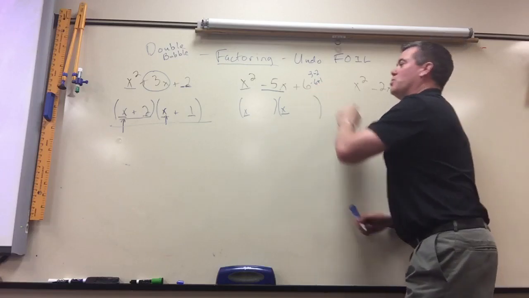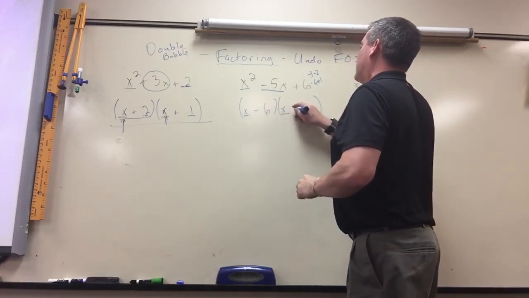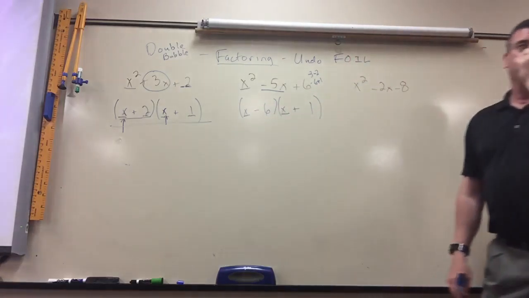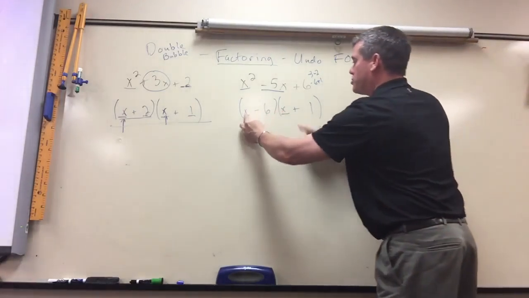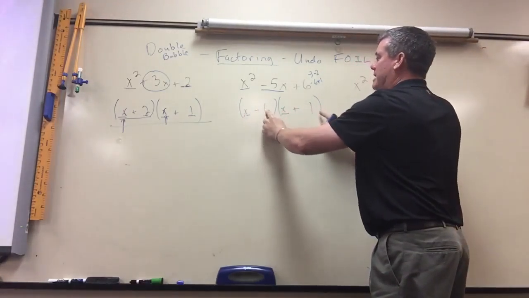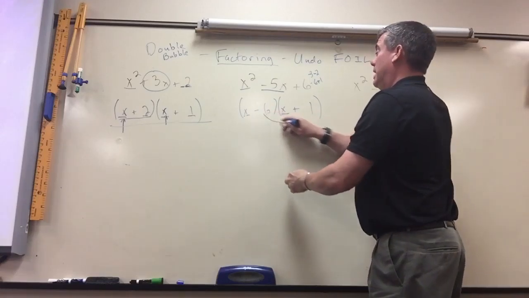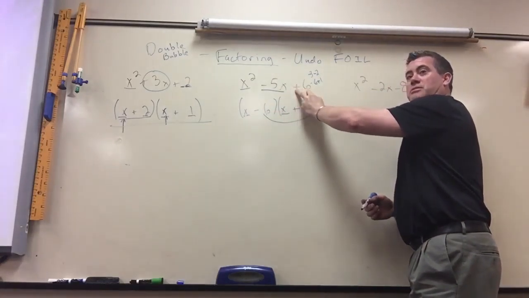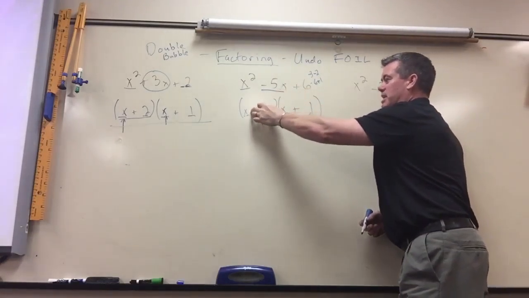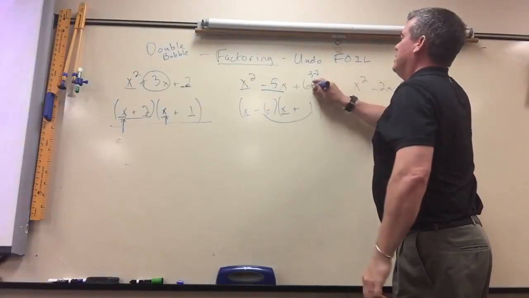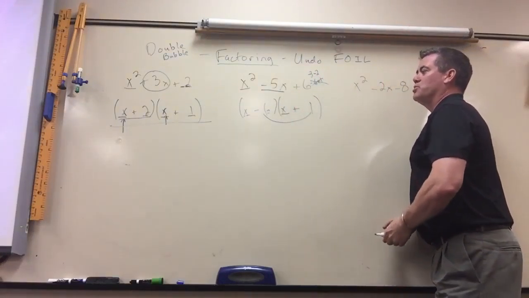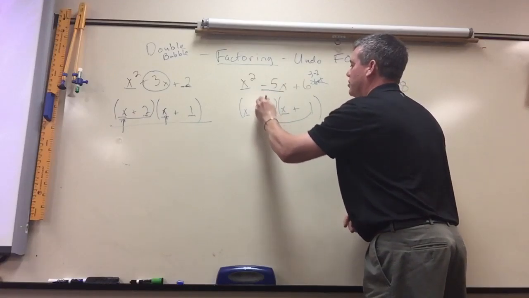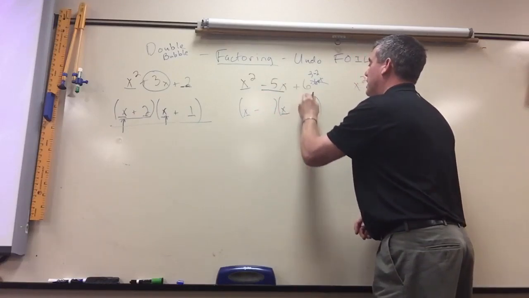So if I tried this one, a -6 and a +1, if you check it, first times first is x squared, last times last is not a +6, right? Because it's a negative times a positive. So there you can see that those don't work. So it's got to be -3, -2.